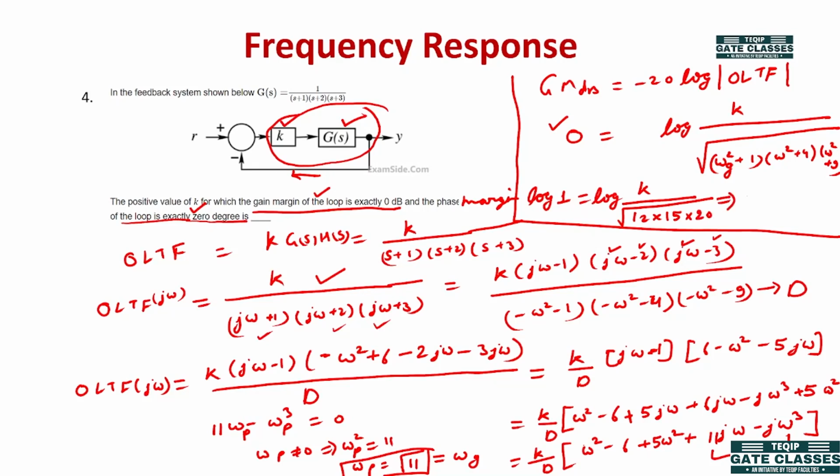From this we can write 1 is equal to k upon, if we solve this we get 60. So from here we get k is equal to 60. So our answer for this particular question, where gain crossover frequency and phase crossover frequency are the same, the value of k is 60.